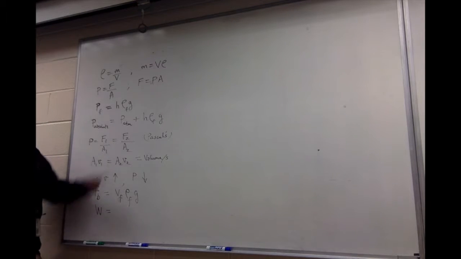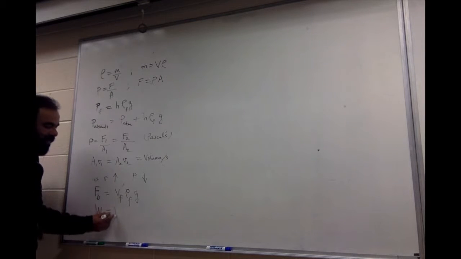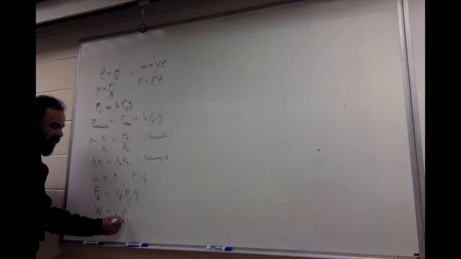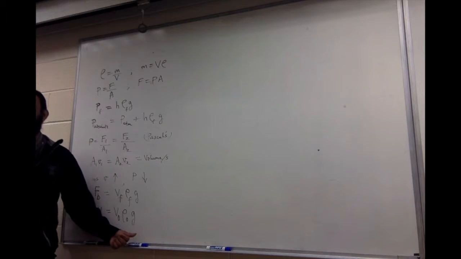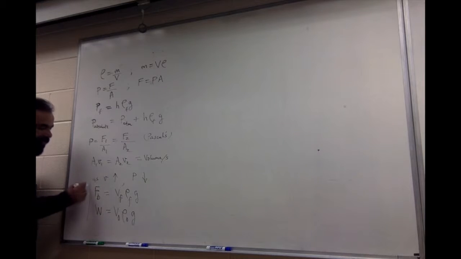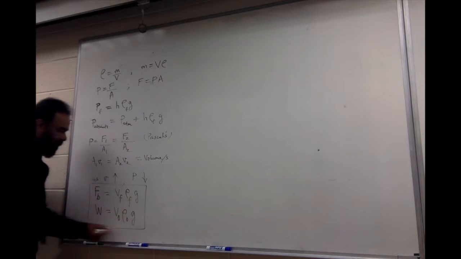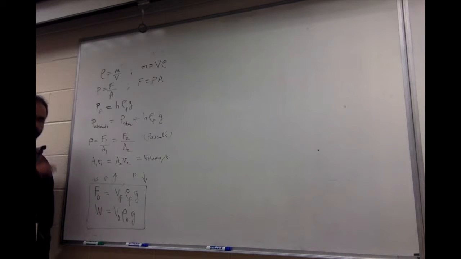Mass times gravity, but isn't mass the same as volume times density? So we have volume of object times density of object times gravity. That's the same as weight. In fact, all the Archimedes principle problems you can solve by just using this concept, this equation.